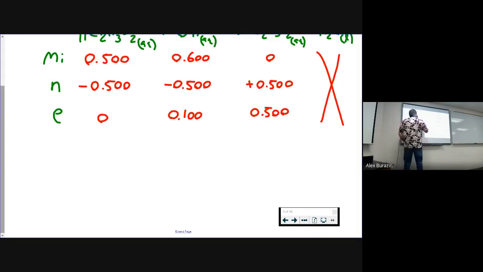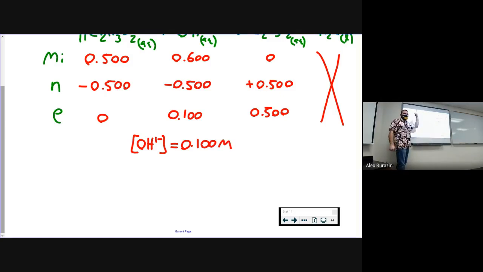Let's go. Now, what is this? This is my molarity of hydroxide. I want to solve for the pH of this solution, right? Now, in reality, this is moles, but we made an assumption that it's 1 liter, so we're good. So it's also 0.1 molar. I want to get the pH. What should I do?